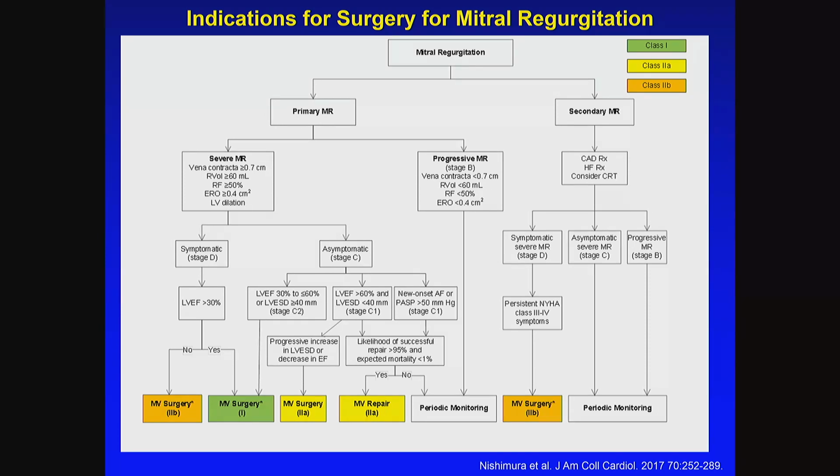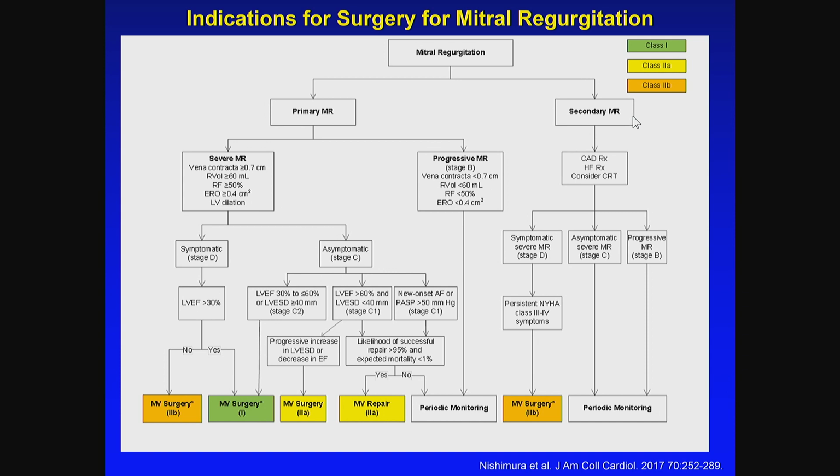It can occasionally be considered if there's an increase in LV size or new onset atrial fibrillation, provided that the likelihood of repair is high. If there's stage B disease, we typically use periodic monitoring based on the nature of the valve disease and the size and function of the ventricle.